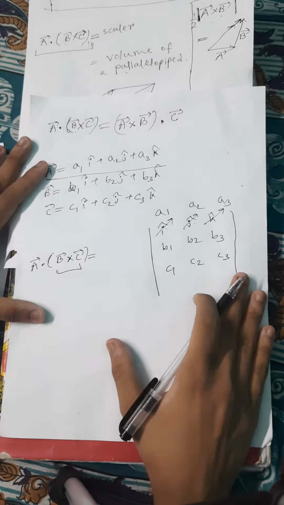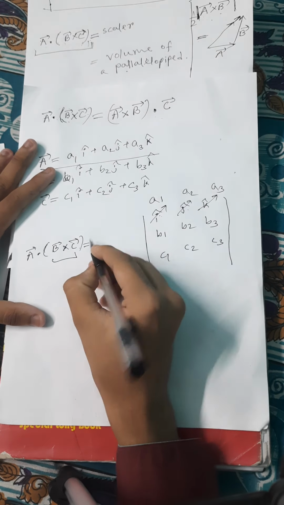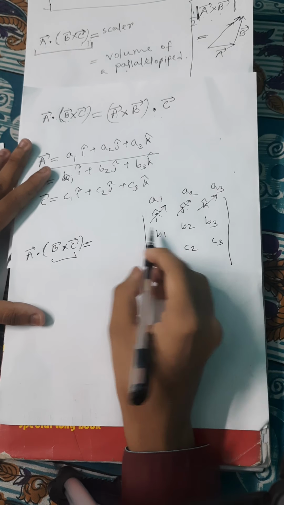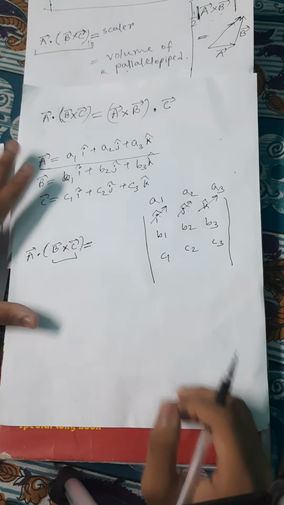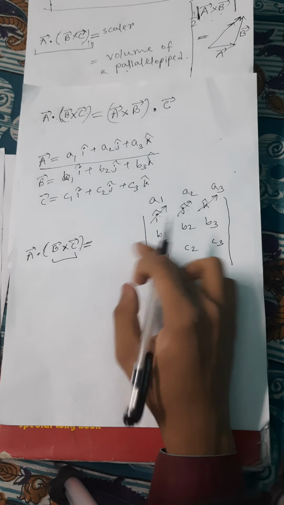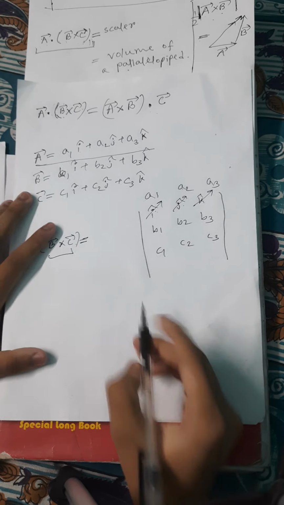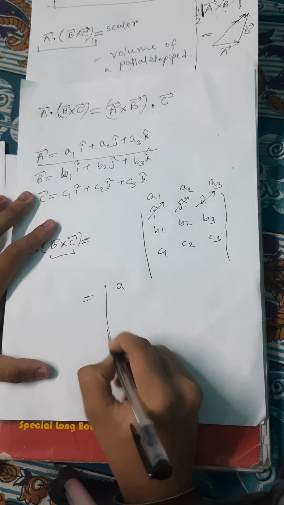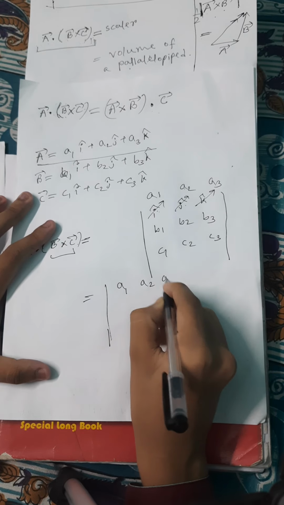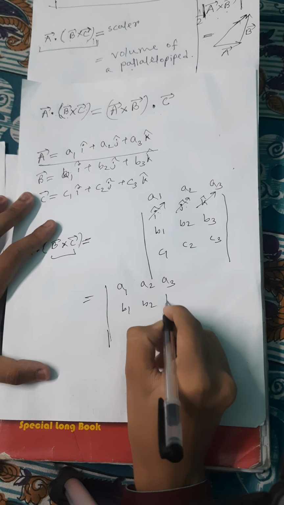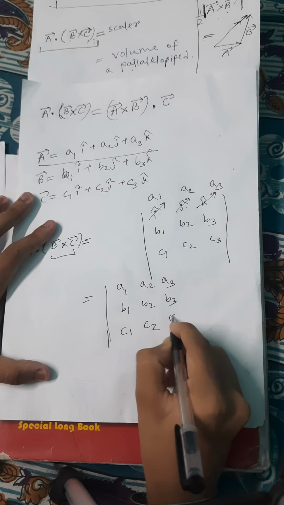You are getting my point, right? Why am I saying this will be replaced by A1, A2, A3? Because when you expand the dot product, that will give the same result. And this is a determinant of three rows: A1, A2, A3, B1, B2, B3, C1, C2, C3.